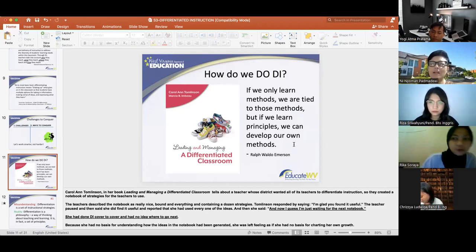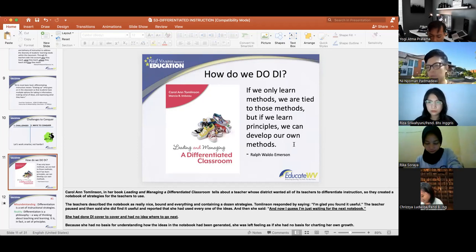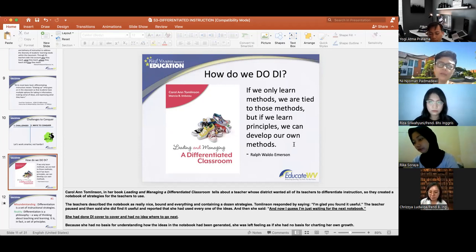Then you are more flexible in developing your own method, right? Why? Because your students have their own characteristics, so you are able to prepare your students based on their characteristics. So you can develop your own material.